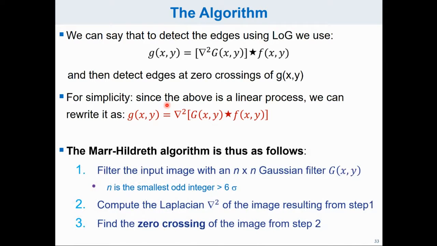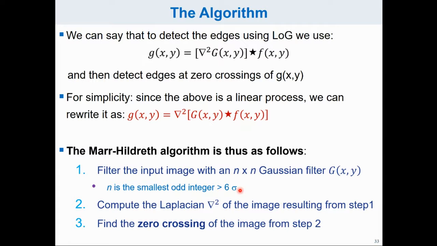The steps are as follows. First, we filter with a Gaussian filter of size n by n, where n is the smallest odd number greater than 6 sigma. Why did we choose 6 sigma?